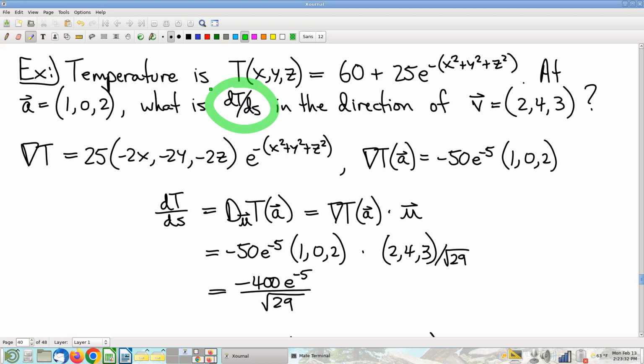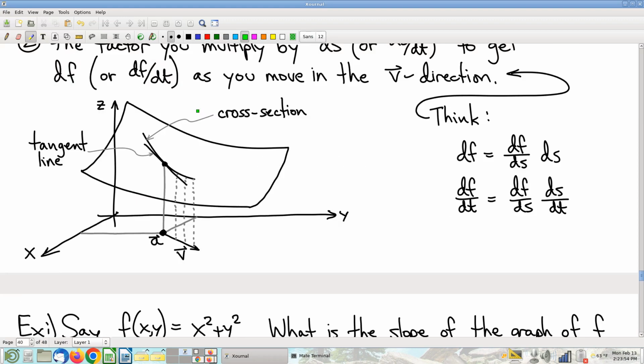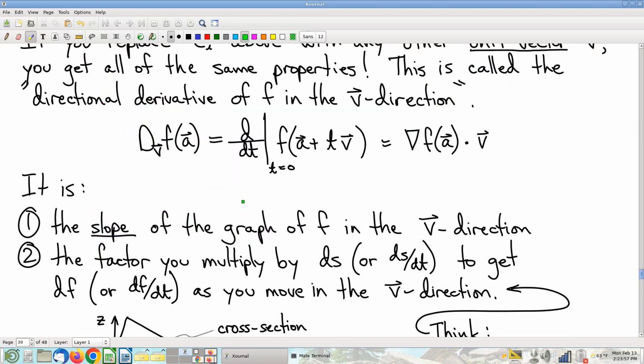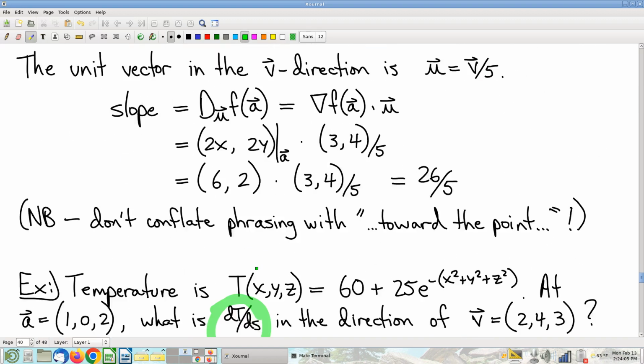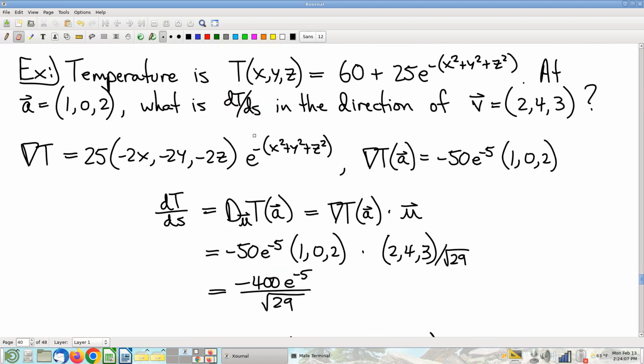So I can't ask, what's my velocity as I move in that direction? I'm not moving at all. I'm just interested in a certain direction of motion. In that direction, you can talk about rate of change of temperature with respect to distance. Rate of change with respect to distance is one of our primary interpretations of directional derivative. So the question directly asks for the directional derivative.